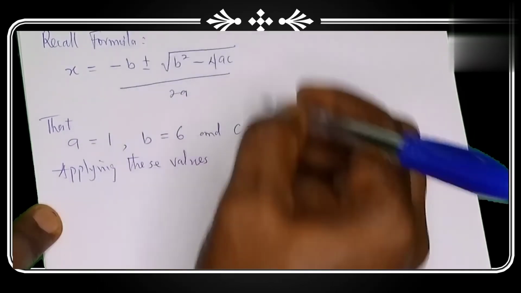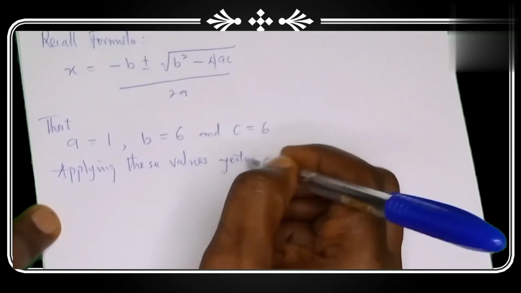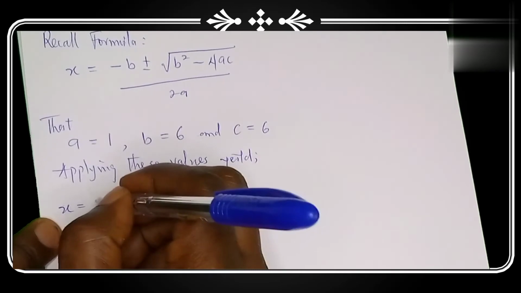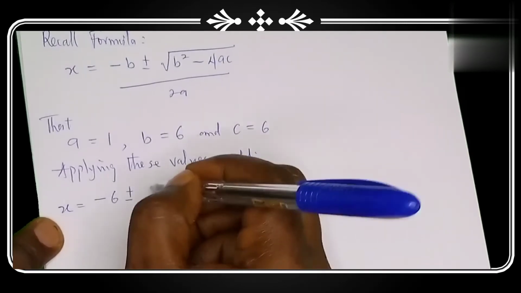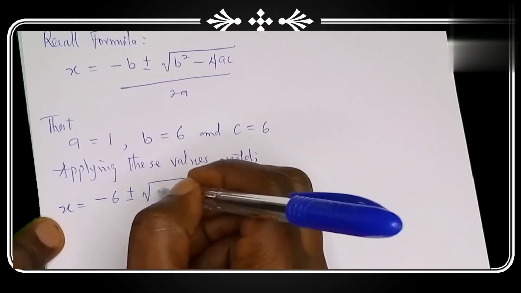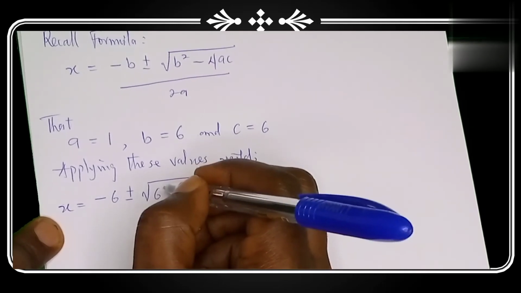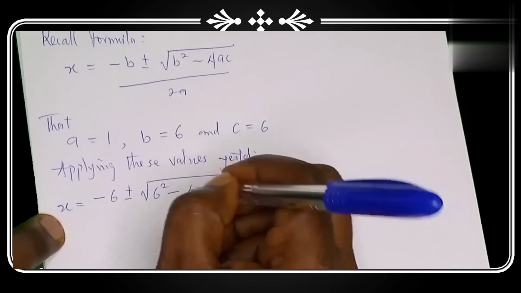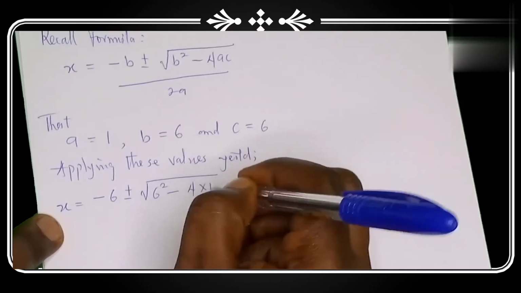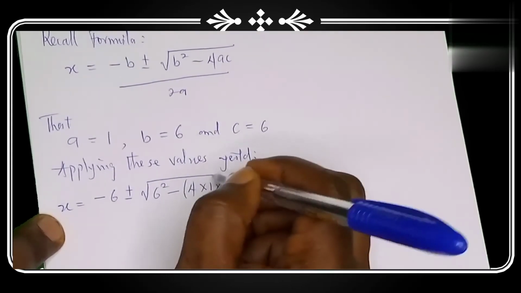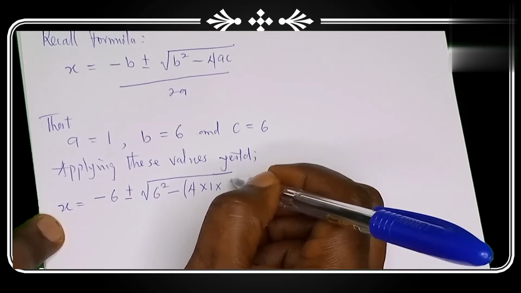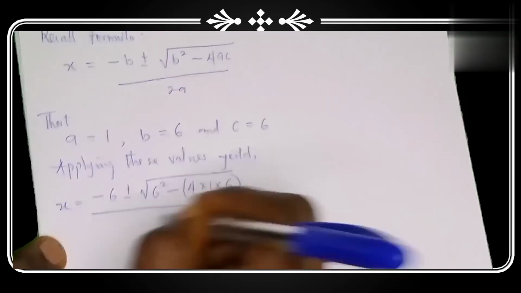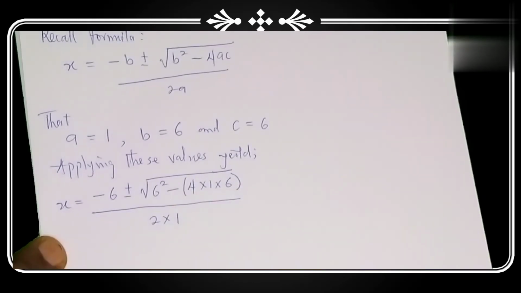Applying these values in the formula, we yield x equals minus 6 plus or minus square root 6 squared minus 4 times a, that is 1, times c, which is also 6, all bracket, all over 2 times a, which is 1.